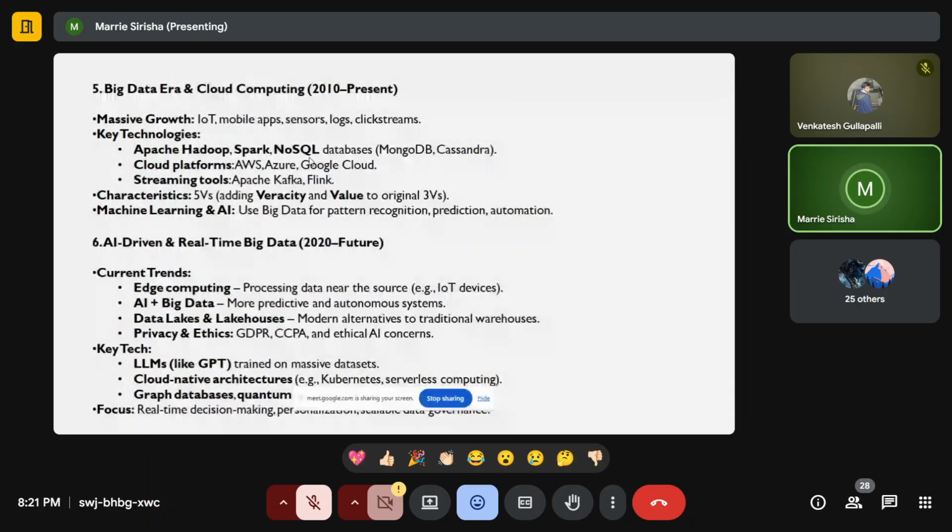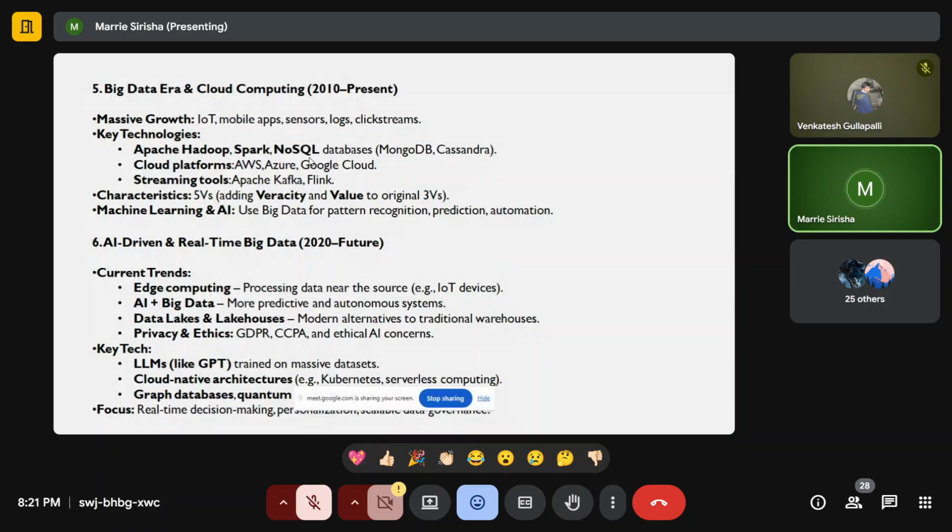Then we introduced new technologies, Apache Hadoop, Spark, and NoSQL. Next, cloud platforms like AWS, Amazon Web Services, Azure, Google Cloud, and streaming tools, Apache Kafka, Flink. So these are the technologies we have evolved in the big data era.